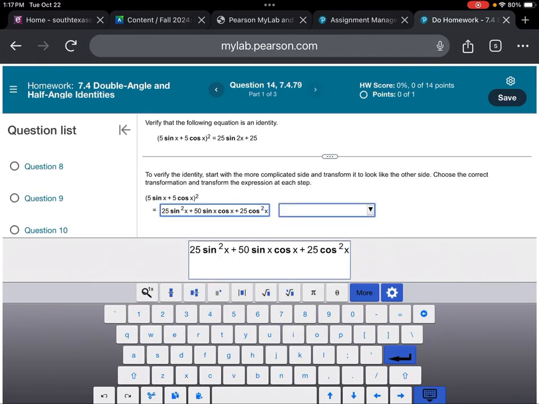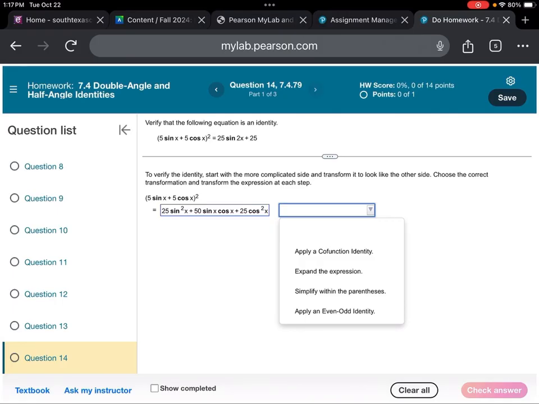Okay, check that. Okay, we expanded, right?